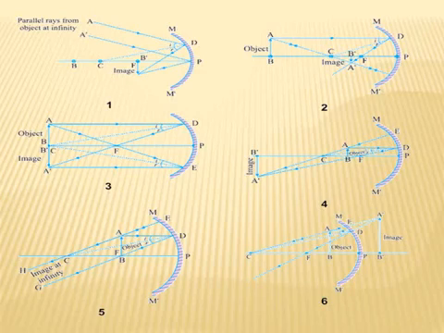As an assignment, you have to draw all the 6 diagrams on A4 sheet paper, and you have to write the nature of the image formed. Nature of the image means whether it is virtual or real, whether it is enlarged or diminished, and where it is formed. All this information gives the nature of the image.